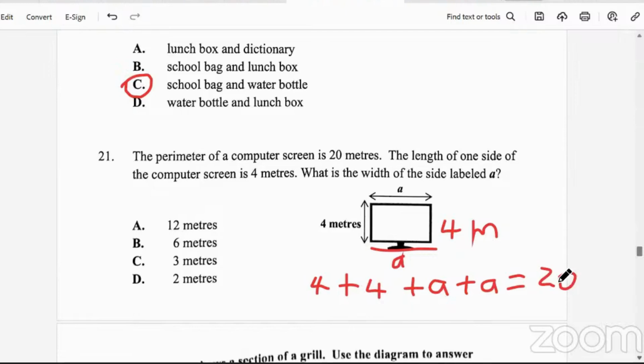Or we could have said 2 times 4 plus 2 times A, which is the same as 4 plus 4 plus A plus A, is equal to 20. So we could add up what we know. 4 plus 4 is 8, plus 2A, because A plus A, that's 2A. So 8 plus 2A equals 20.